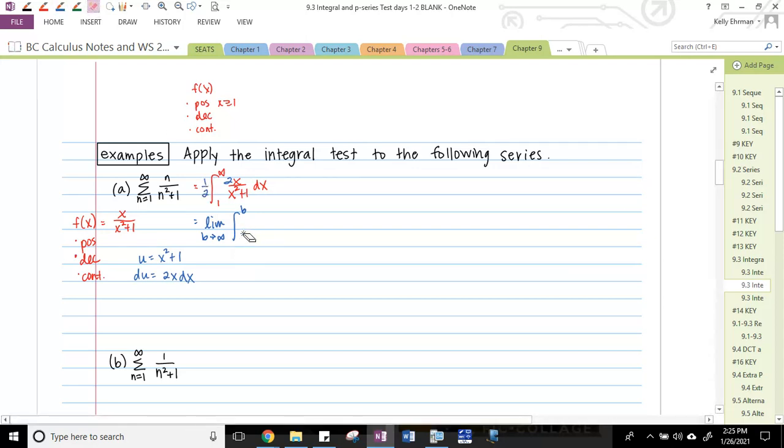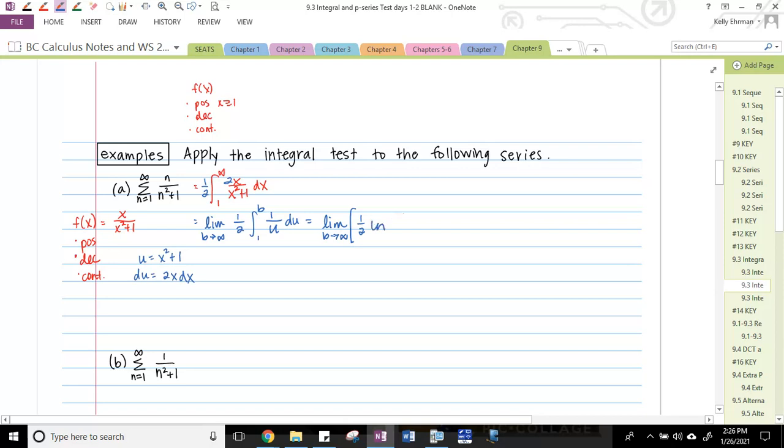All right, so I got a little ahead of myself writing. I need a 1/2 integral from 1 to b of, I like to rewrite in terms of u, so 1 over u du. That equals the limit as b approaches infinity of 1/2, and this is going to be natural log of u.